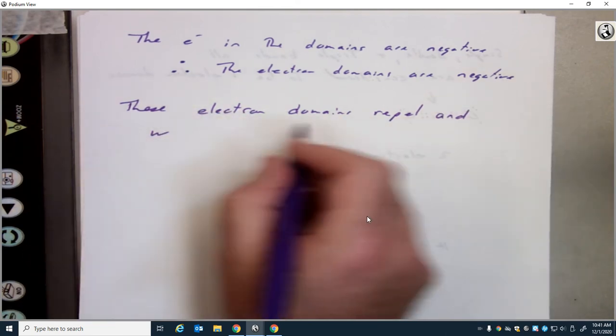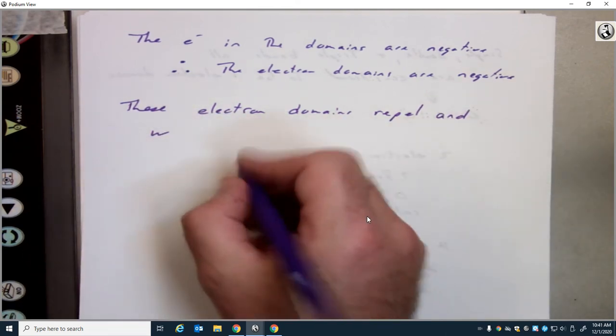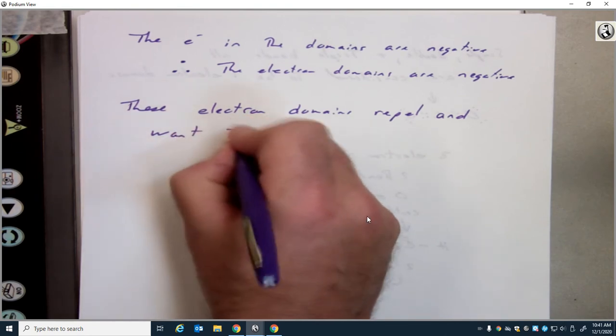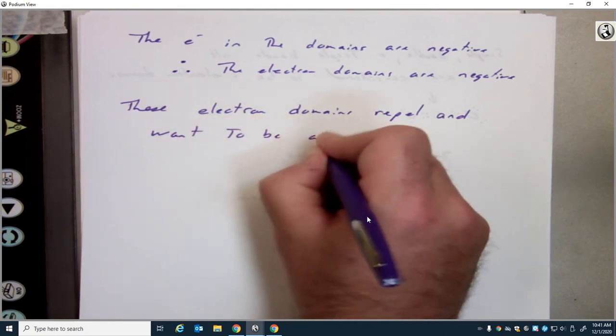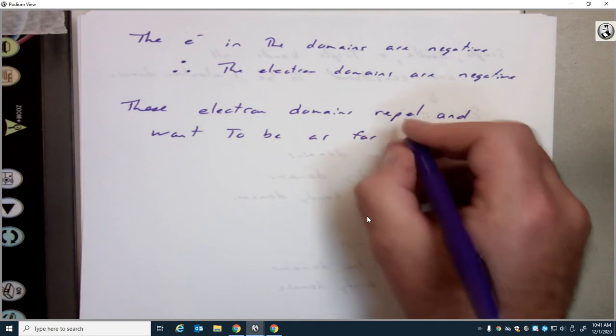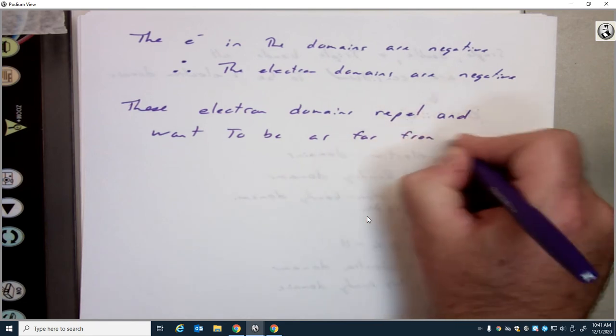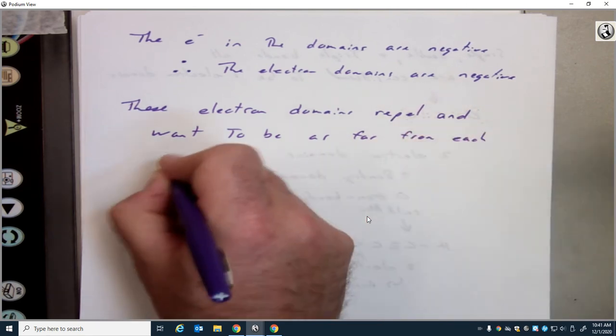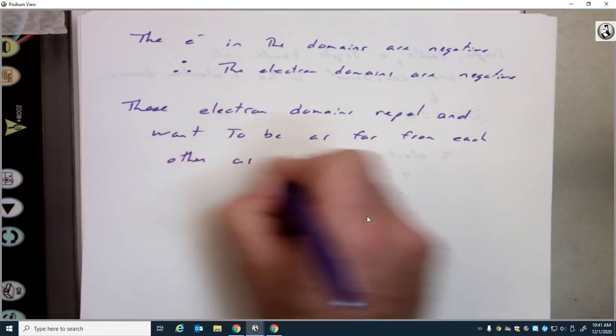Okay, so these electron domains repel and want to be as far from each other as possible.